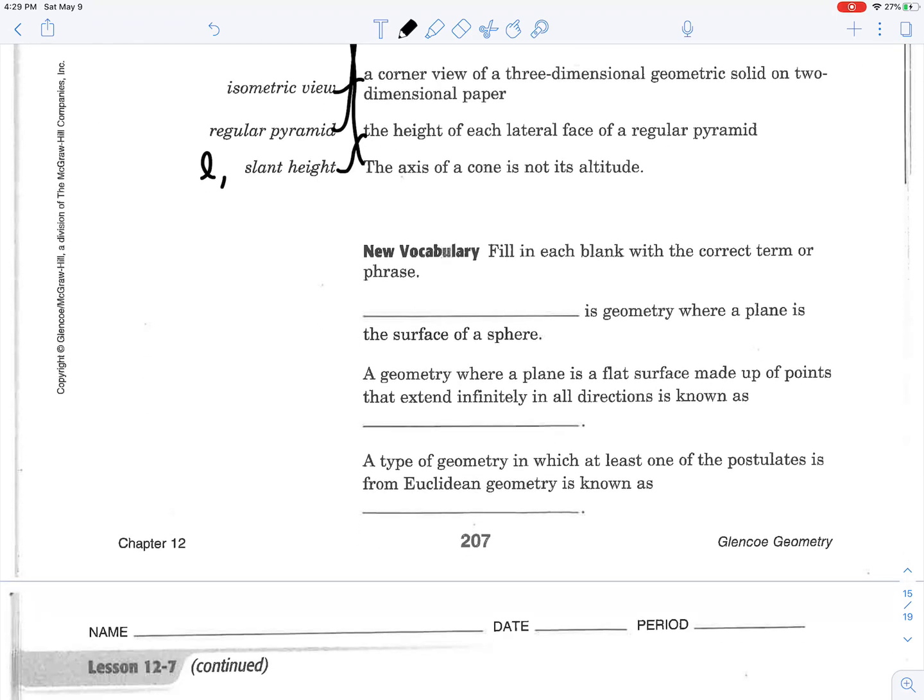New vocab. Fill in each blank with the correct term or phrase. Spherical geometry is geometry where a plane is the surface of a sphere.